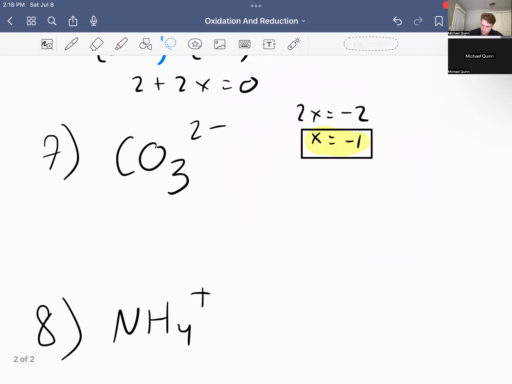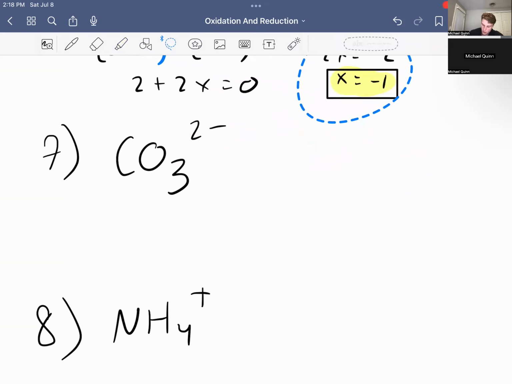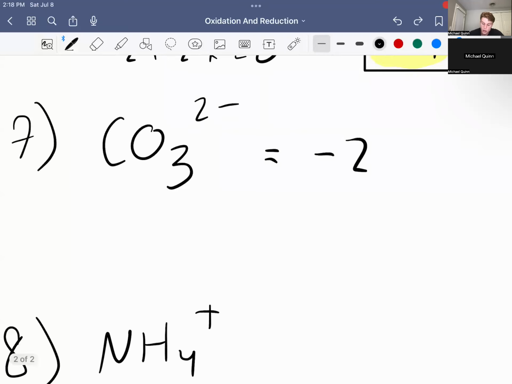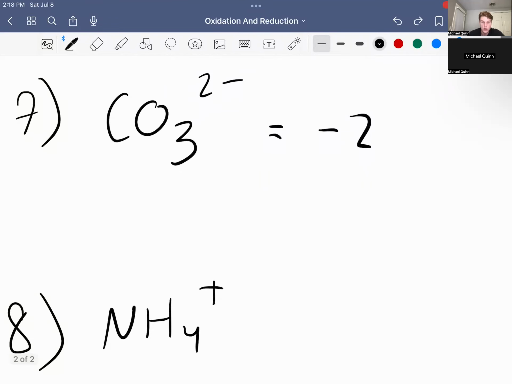CO3 2 minus. What we should do is set this entire molecule equal to minus 2 because it has a charge of 2 minus. So the sum of all the oxidation states needs to add up to minus 2. We know that carbon does not have a rule on our table, but we know that oxygen is minus 2.